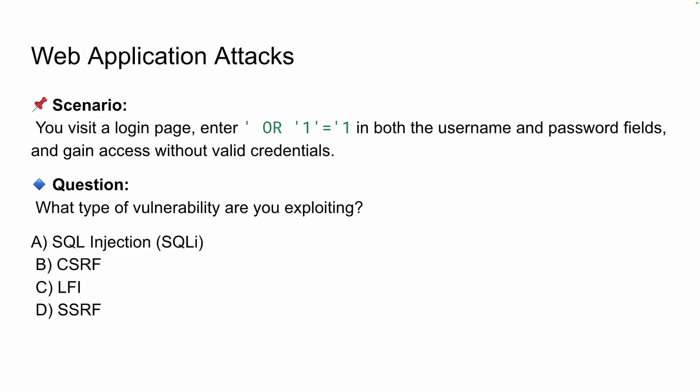So SQL injection would be the answer. Cross-site request forgery is when you get the user to run something on their machine. Local file inclusion is where we're trying to get something from the file system of the server. And then of course, SSRF is a server-side request forgery where we're trying to get the server to execute something on our behalf. So SQL injection is what we're doing here.